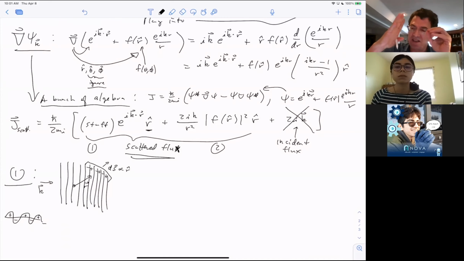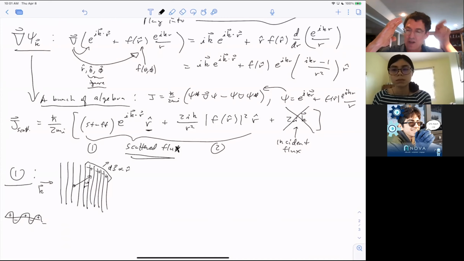The detector is kind of big, and these quantum waves are little, so there's going to be a bunch of plus minus that hits. So when we do the flux integral and actually calculate the flux, we're going to end up integrating all this plus minus. What do you think it adds up to?